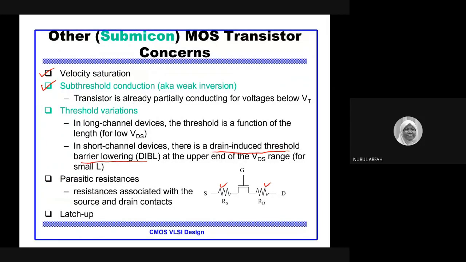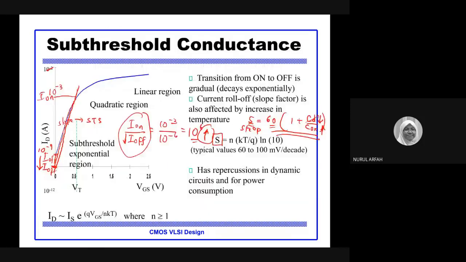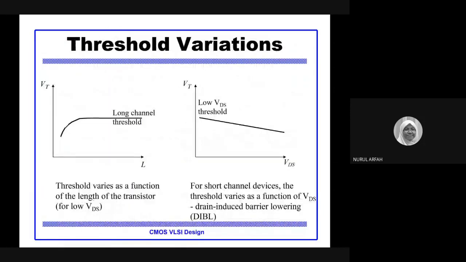So the threshold variation here. If you increase the length of your device, you will have a long channel, and you will have a constant threshold variation. But as you reduce the channel length of your device, this will reduce exponentially.